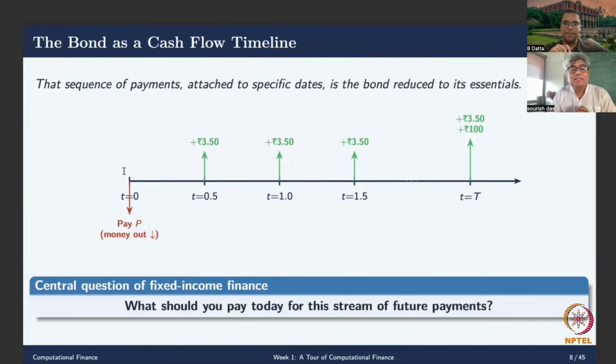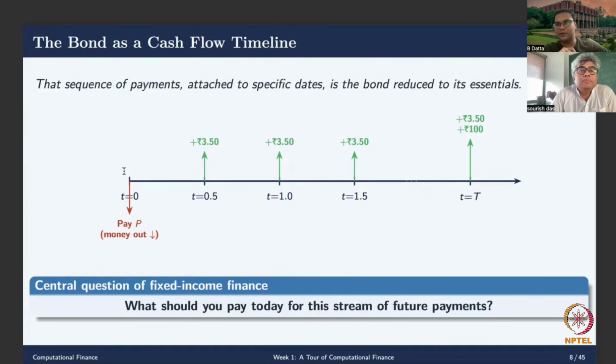So I think that is what makes us really think about the price of the bond. How much price should you pay for this bond, right? Vikram, would you like to add something to that?